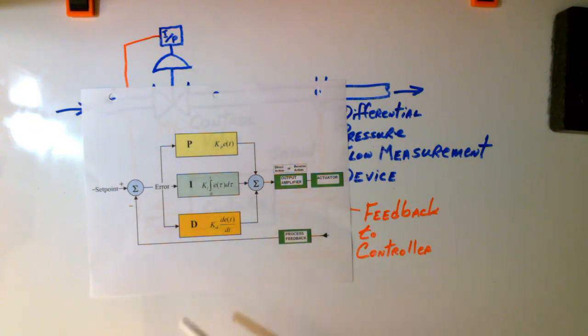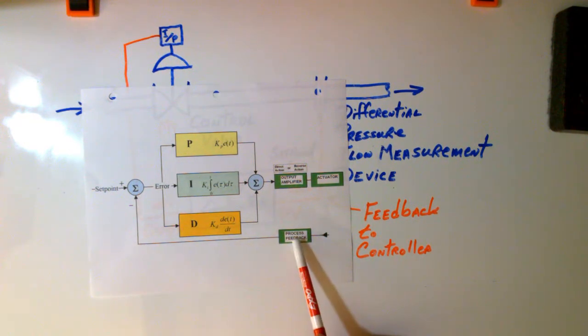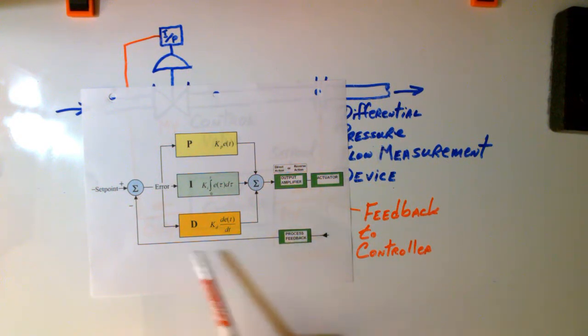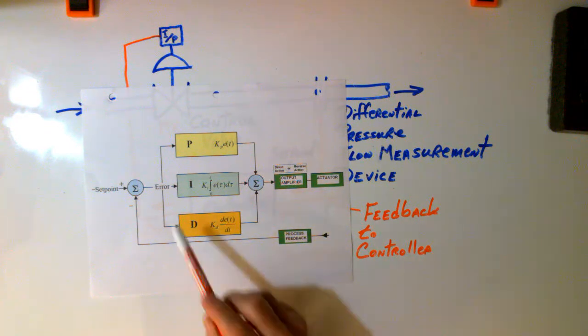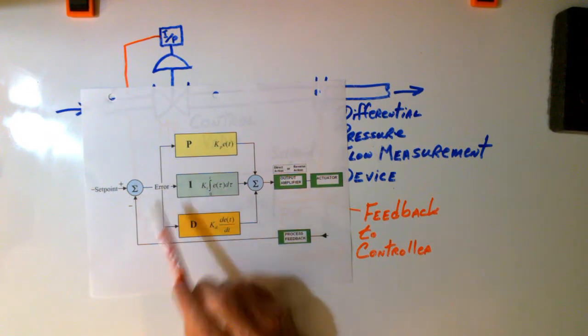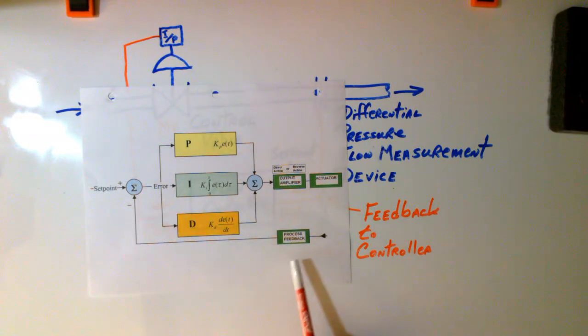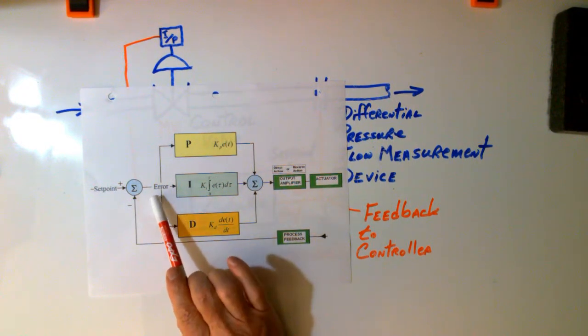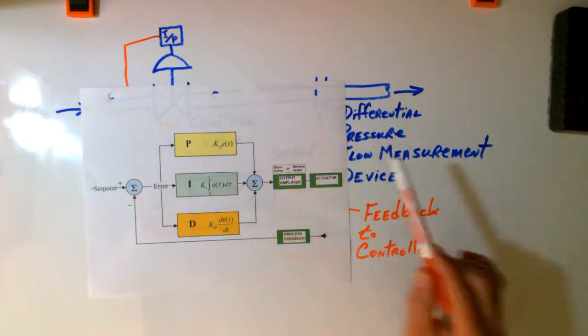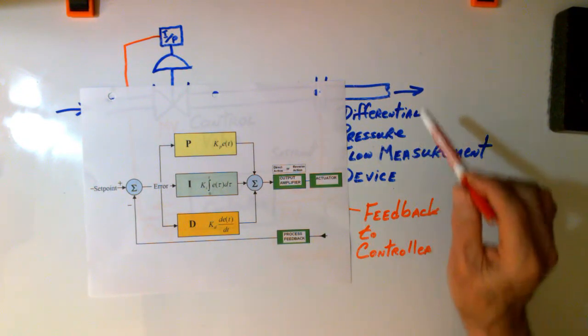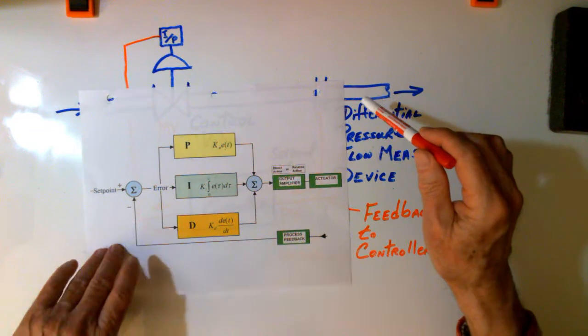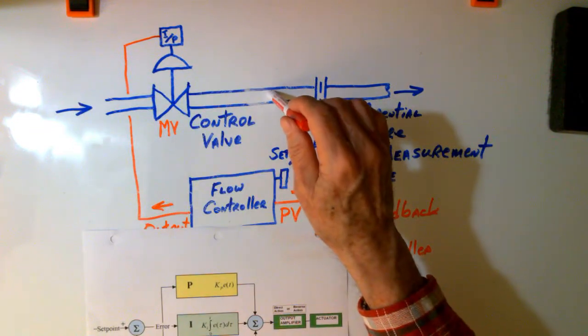So I actually subtract my process feedback from my set point, and if that does not equal 0, that means I have an error. If the set point minus the feedback is not equal to 0, I have an error between the rate of flow in my pipeline and my set point.